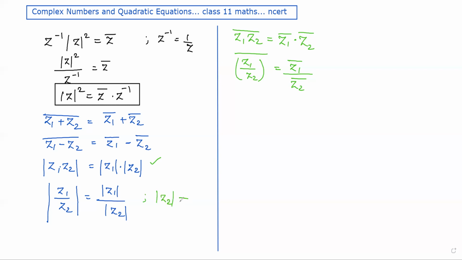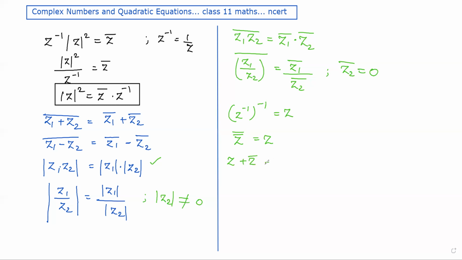That means mod of Z2 will not be equal to 0, and here also conjugate of Z2 will not be equal to 0. If you take Z inverse and take another inverse of it, you'll end up with the same complex number. Similarly, if you take a conjugate of Z and then take another conjugate of that result, you get the same original complex number.